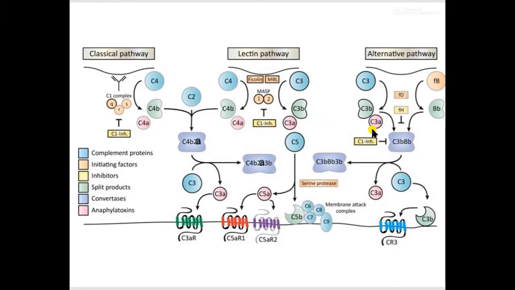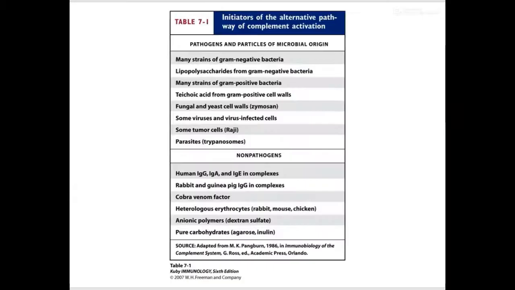So here you can see that without the C1, C4 and the C2, the C3 gets activated and the pathway continues over here. So in the case of the alternative pathway, it acts at a faster pace, avoiding some of the proteins, and the immune response is triggered at a faster rate.